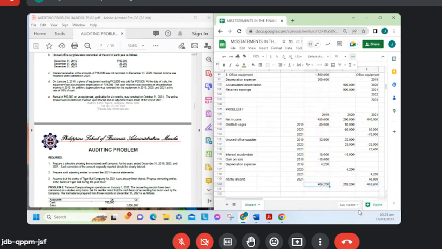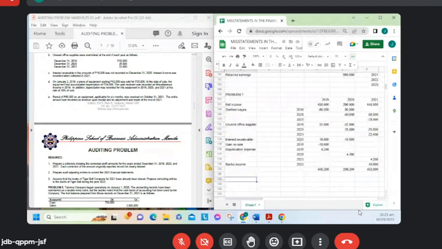So it means the adjusted net income for 2019 should be 406,200. 2020, 289,200. 2021, 463,600. Okay?